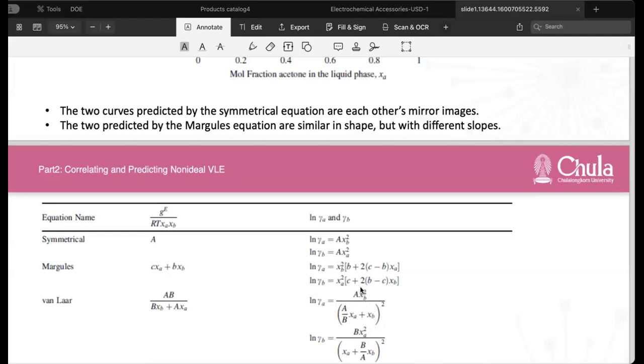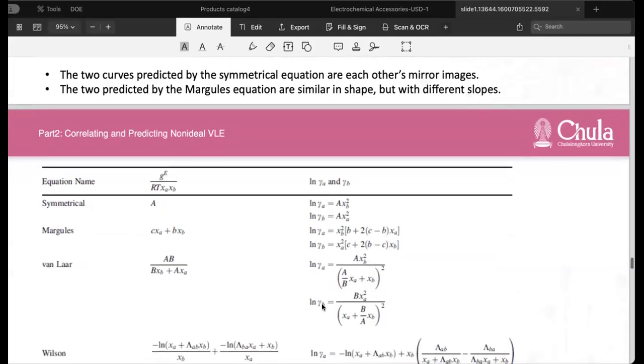It's A. And for log gamma B infinity, we have XA close to 1, this close to 0. Yes, it's B. You see, even with the Van Laar equation, you can find the parameters by using log gamma A infinity and log gamma B infinity, the infinite dilution activity coefficients.